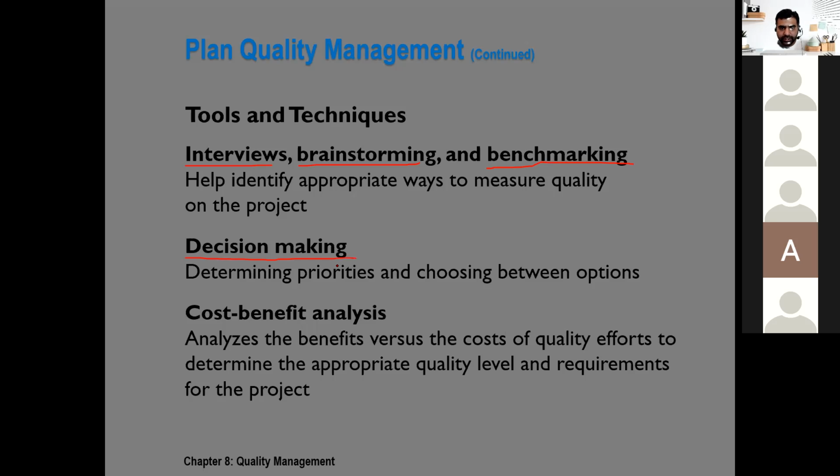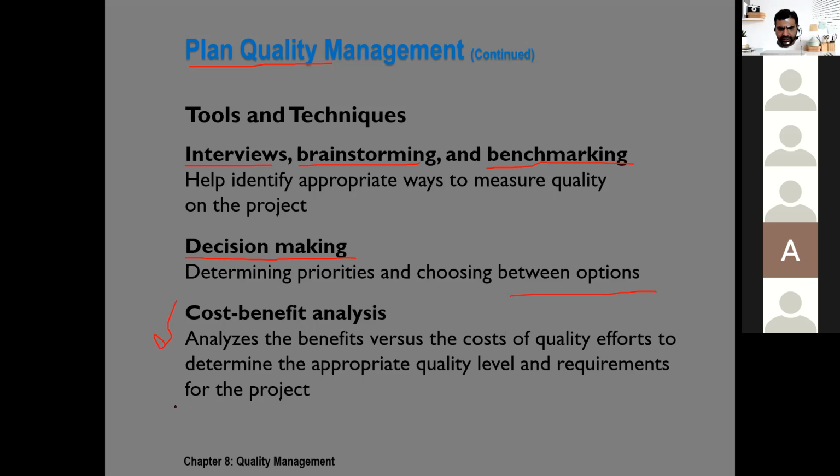It is very important while we are making decisions about quality, because quality comes with a cost. We have to determine that optimum point where our quality is balanced with other project constraints such as schedule and cost. Normally decision making is done when we are choosing between more than one option.